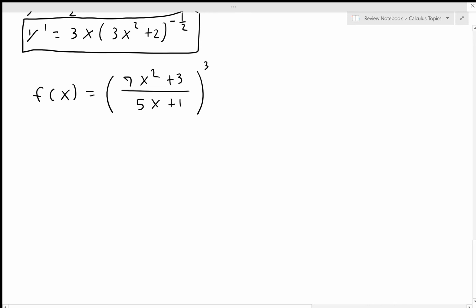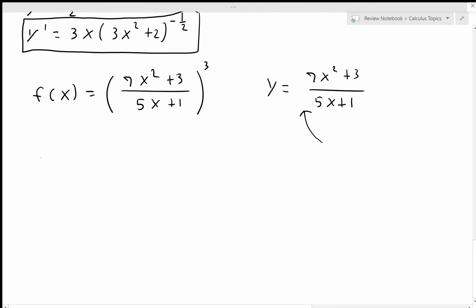So we're doing the u sub method. I'm going to call this entire inside y. So y equals the inside, 7x squared plus 3 over 5x plus 1. We know this is something that we can solve because that would be our quotient rule.